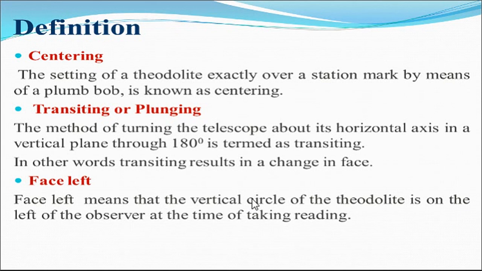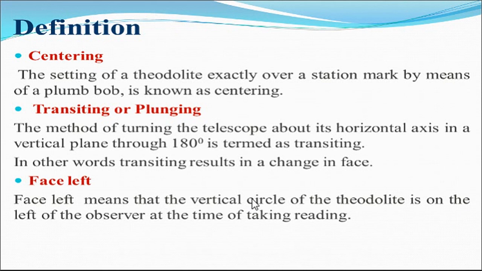In other words, transiting results in a change of face. These are the terms related to the revolutions. When the telescope is revolved it is known as transiting or plunging, and when it is revolved through 180 degrees in the vertical plane it is known as plunging. In that case, when we revolve it, it also changes the face. We have to discuss this in detail.